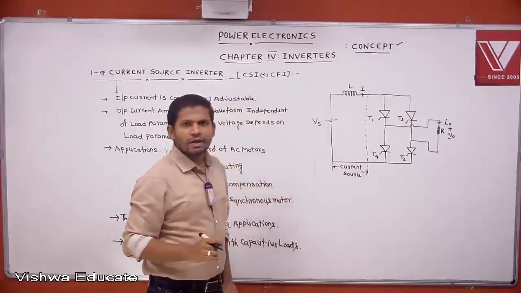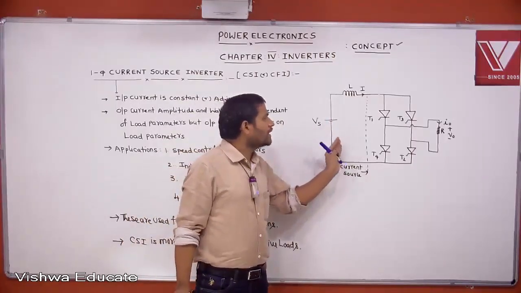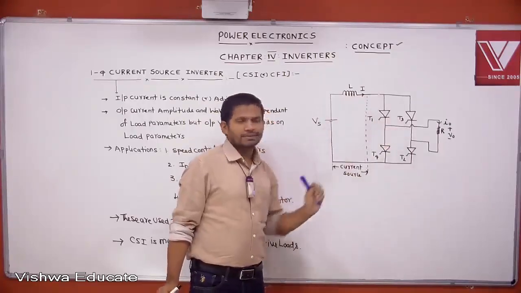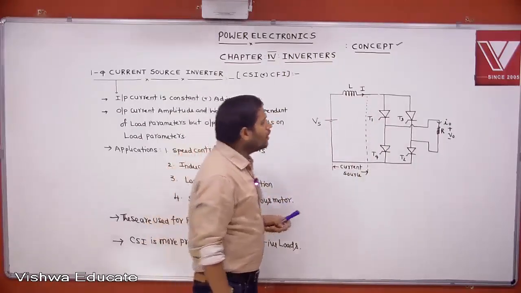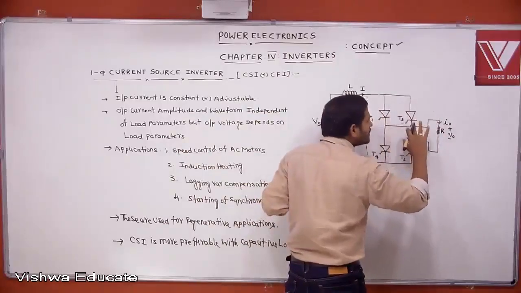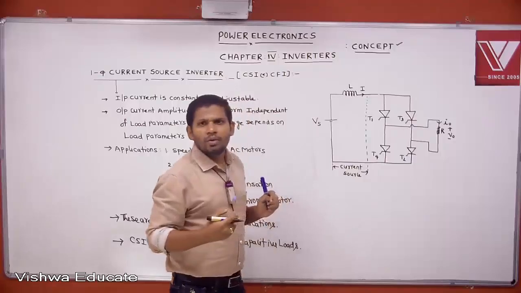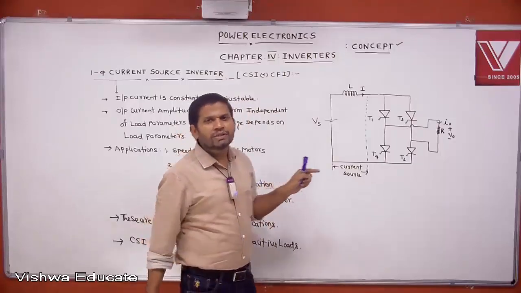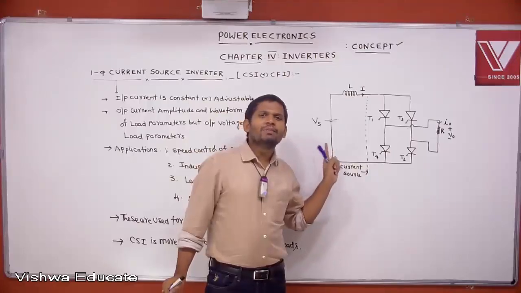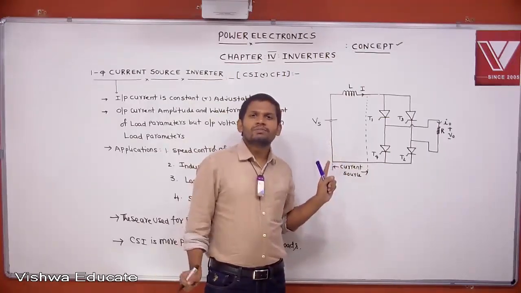Now, first is the concept for a purely resistive load, and how this circuit will convert DC current to AC current. Whatever switches we are using, the devices having reverse blocking capability are preferable. BJT and MOSFET cannot be used directly, only with series diodes.